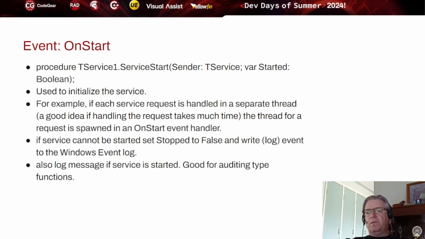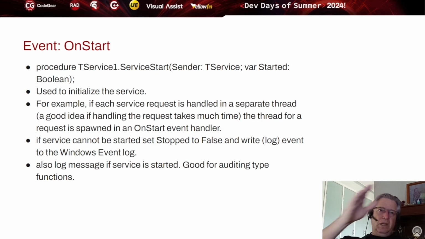Note that if the service cannot be started, then what we would do is set started to false, and then we can log that, or write a message to the Windows log.